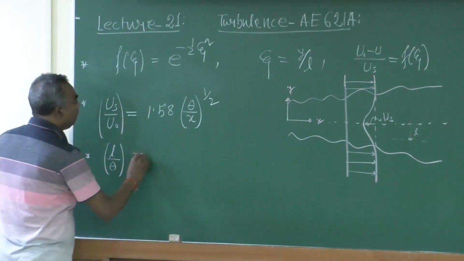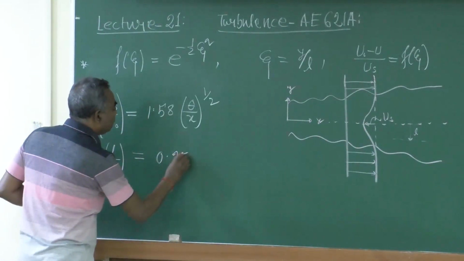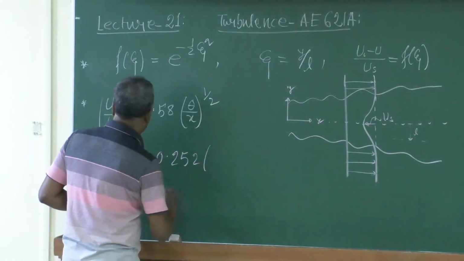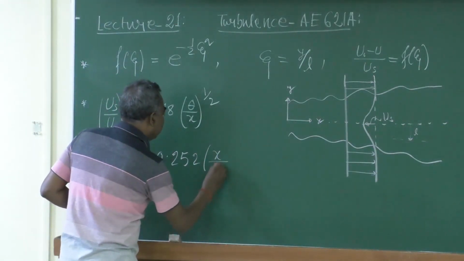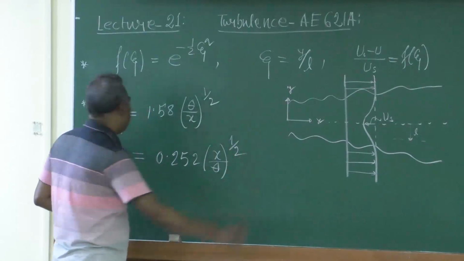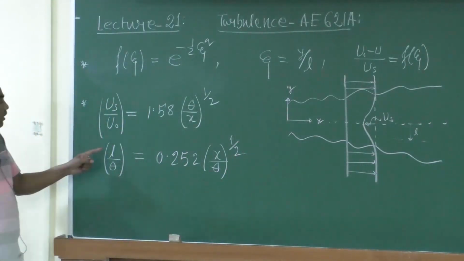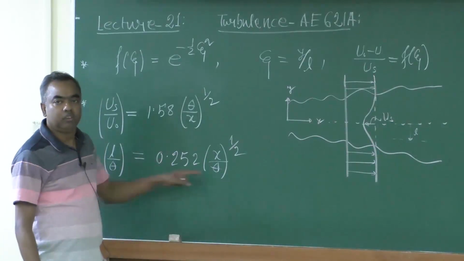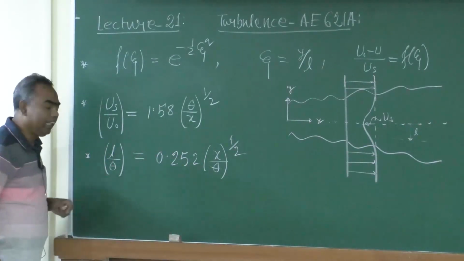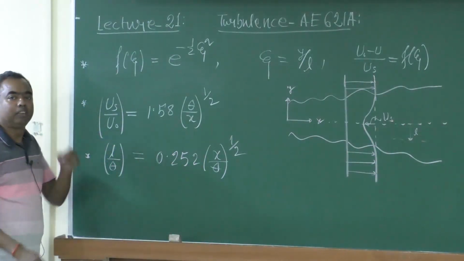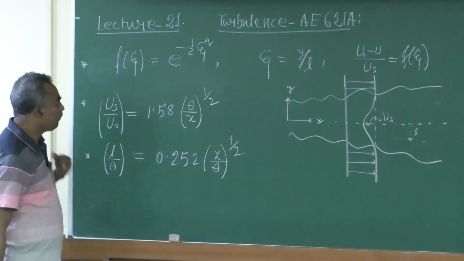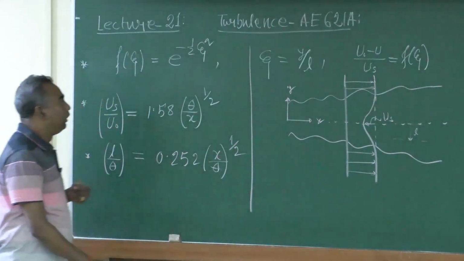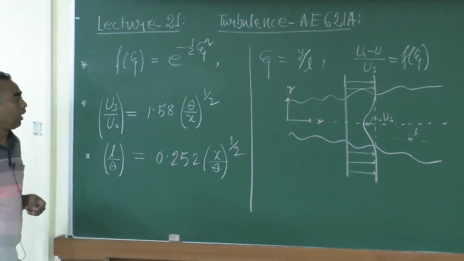This value is 0.252 times x by theta to the power half, okay. That means this length scale varies as x to the power half, so L slowly increases as we go downstream, okay. All right. So, these are the relations we could find in our last class, okay.